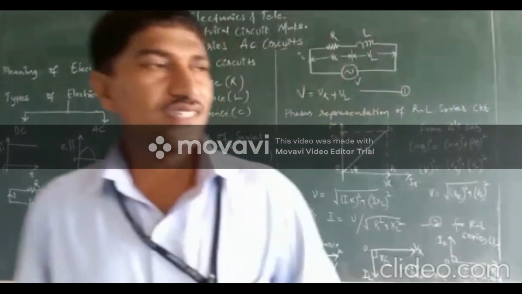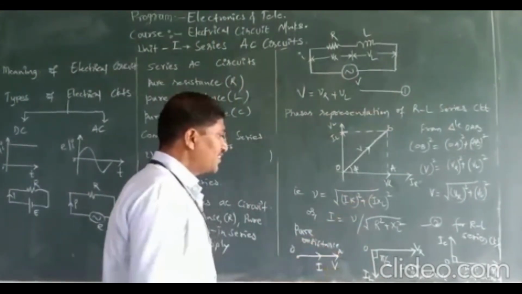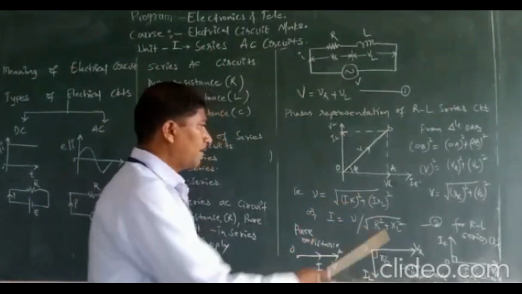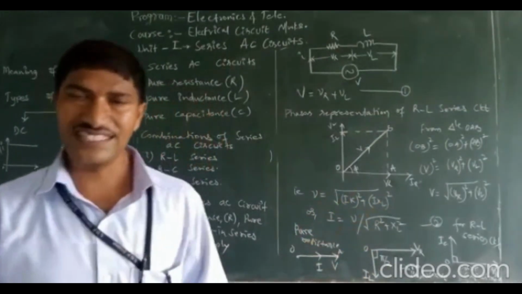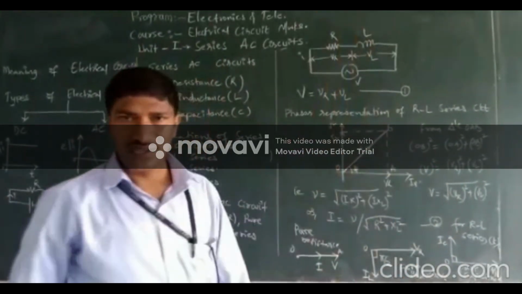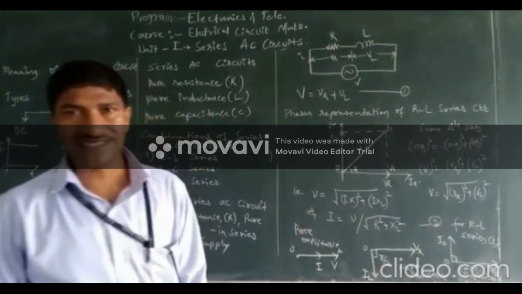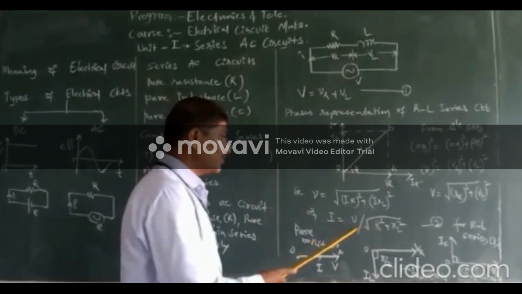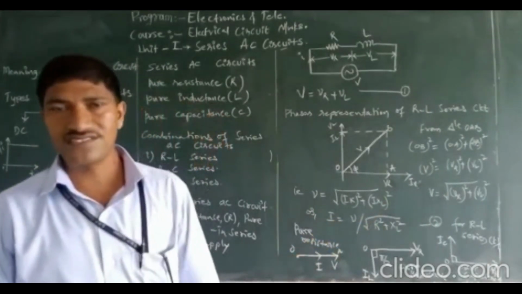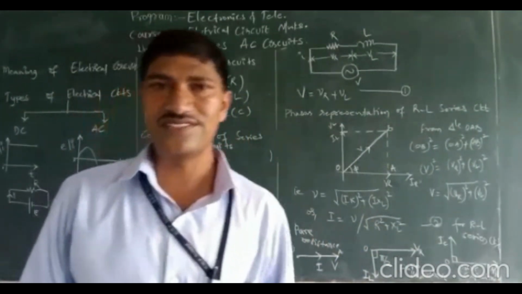Now if you want to calculate the voltage of the AC circuit, we can simplify this equation by writing V equals the square root of (IR) squared plus (IXL) squared, where IR and IXL are the drops due to the resistance and inductance components. Finally, if we take the current out as common, we can write I equals V divided by the square root of R squared plus XL squared, where the square root of R squared plus XL squared is called the impedance of the AC circuit.